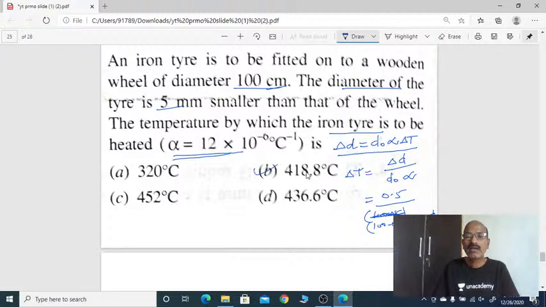You will get option B, 418.8, as the correct answer.